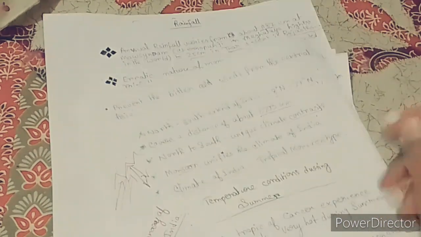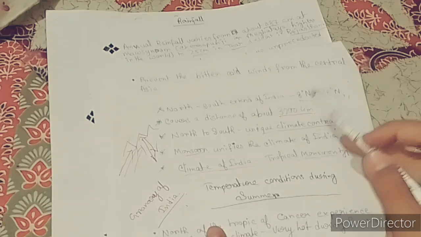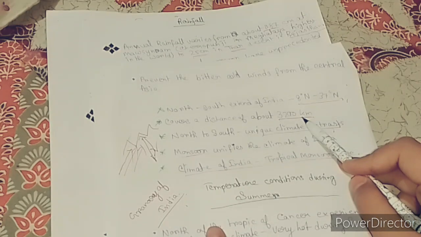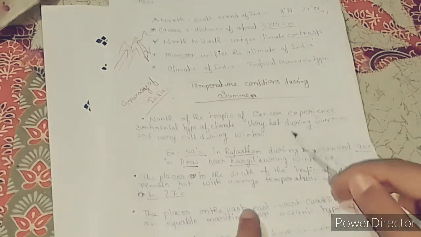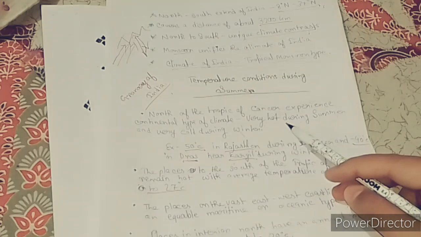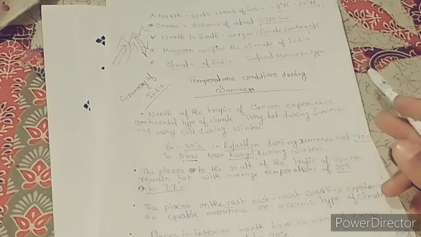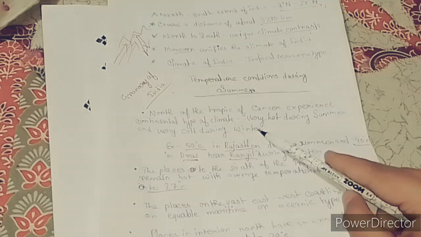Next, we read about the extent of India, the distance covered by India from north to south, and the climate of India, which is tropical monsoon type. We read about the temperature conditions of India, like in summer it is very hot and in winter it is cold.